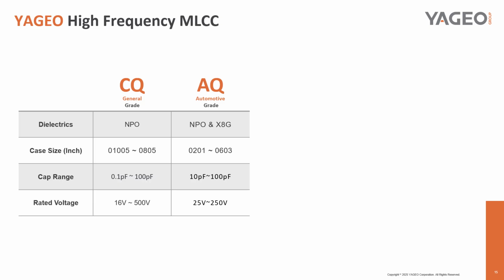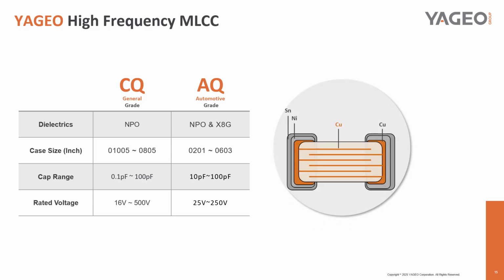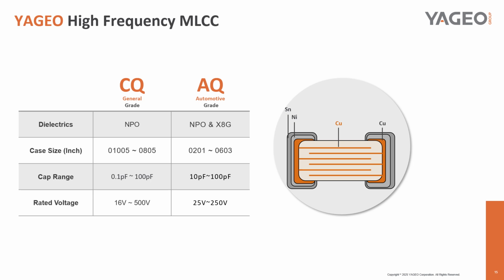Now, looking at the YAGEO high-frequency MLCCs, they have it broken into 2 different series, the CQ General Graded Series and the AQ Automotive Graded Series. They have case sizes from 01005 all the way up to 0805, and a cap range from 1 picofarad to 100 picofarad, with a voltage rating of 16 volts all the way up to 500 volts.